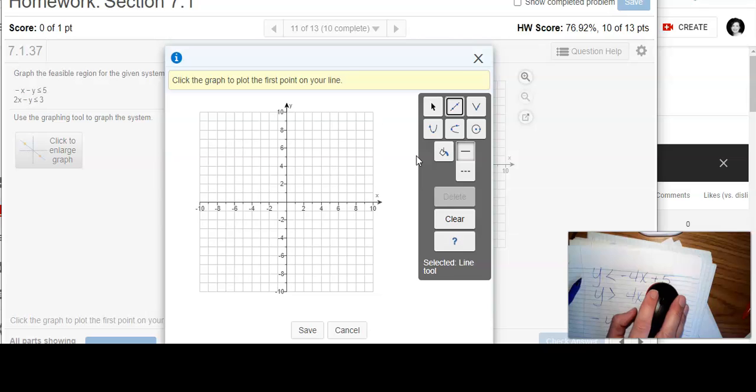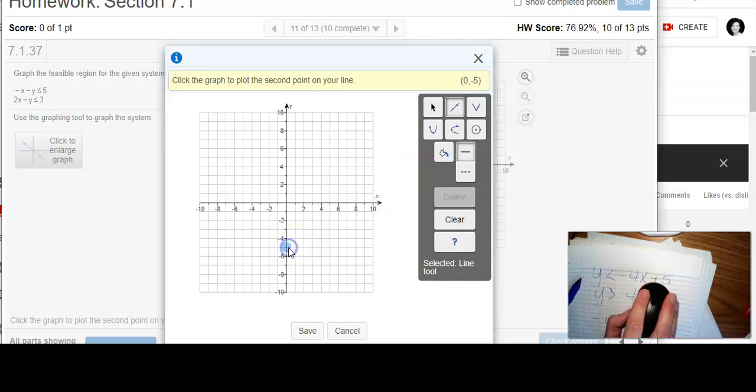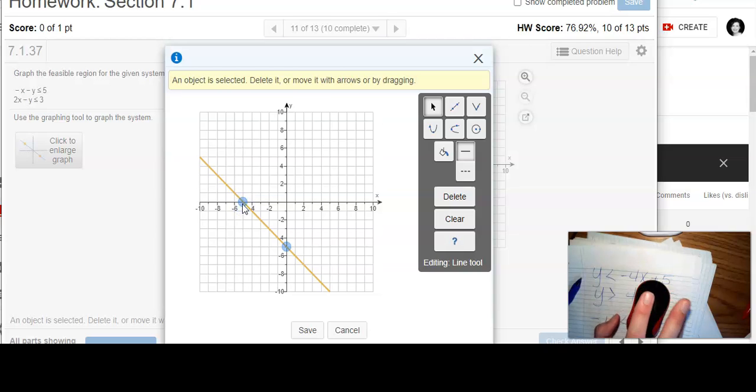Change the sign. So 0, negative 5 is on that line. If I zero out y, then negative x equals 5, so I need a negative 5 here. I just graphed the top one using intercepts.